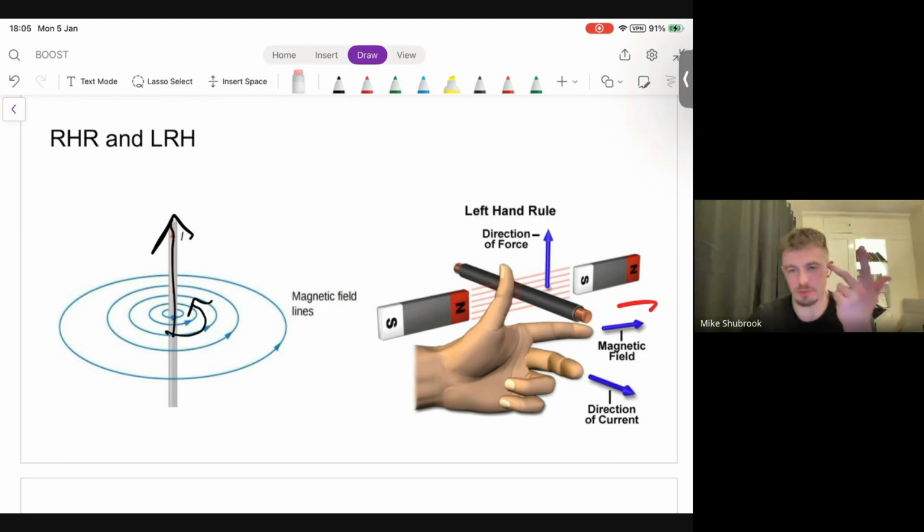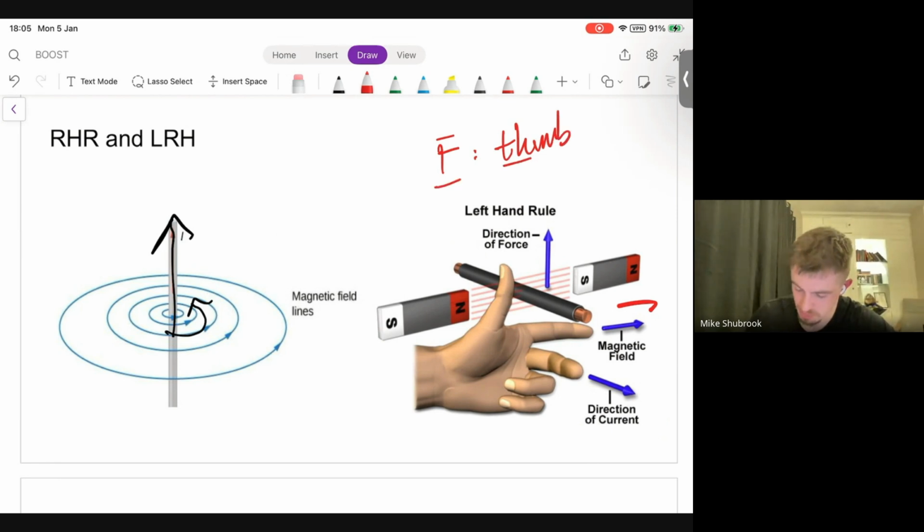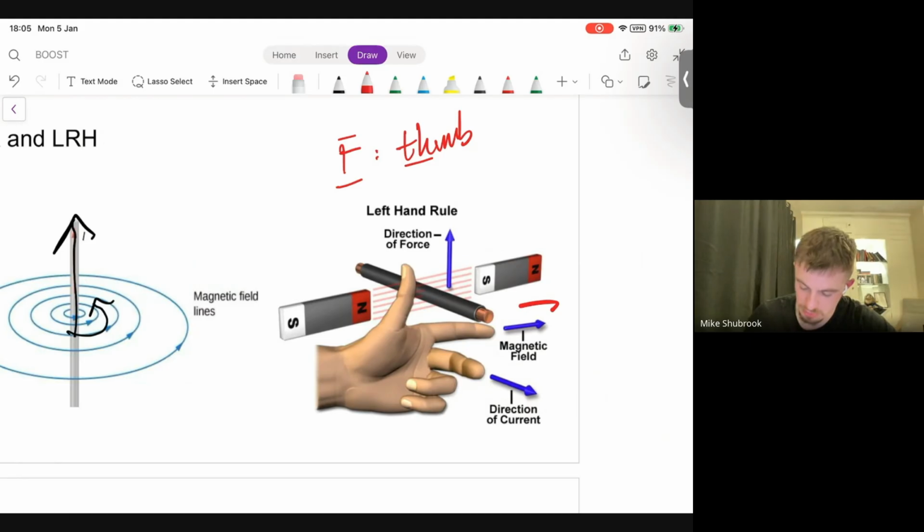So all we need to do for the left-hand rule is just remember which quantity mapped onto which finger, basically. I think the way people usually say is that force is on your thumb, right? They sort of have the same sounding first letter. The magnetic field, how do people remember this from?